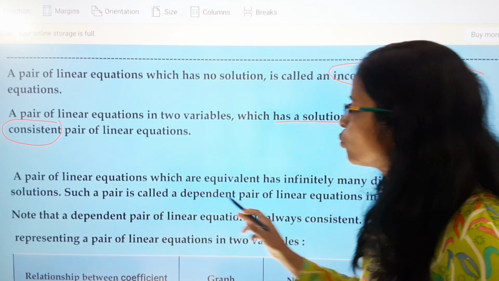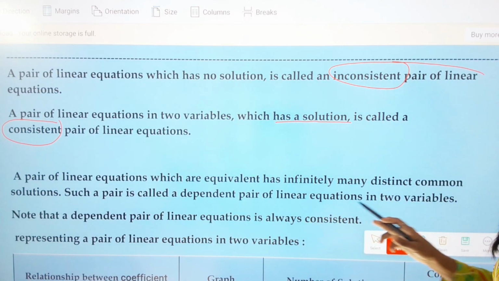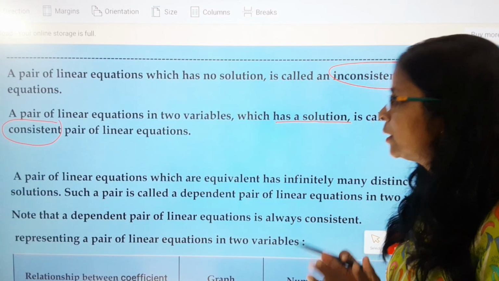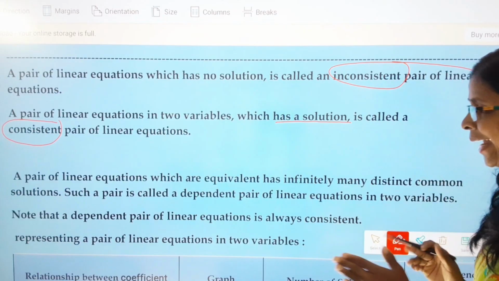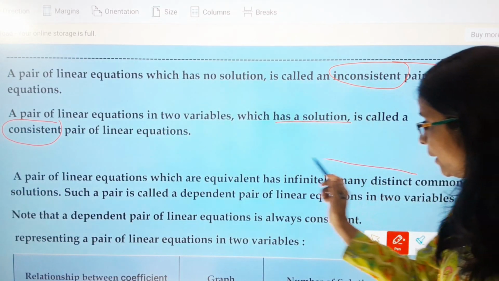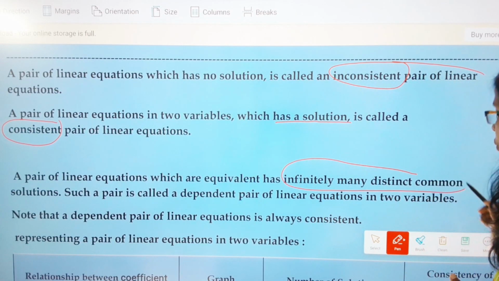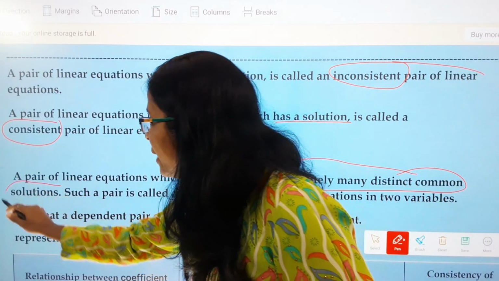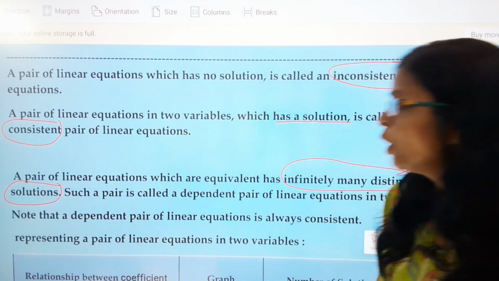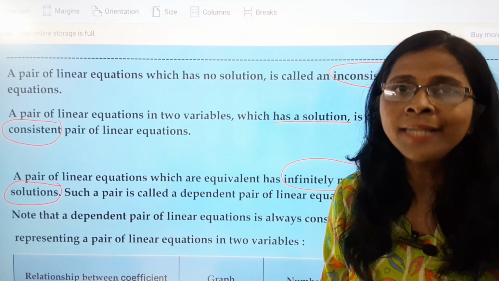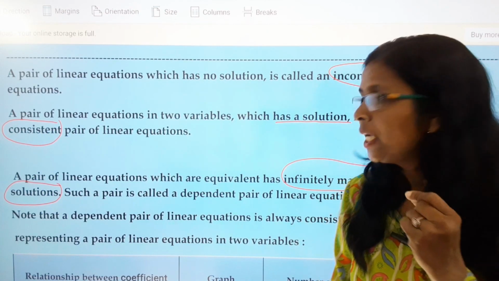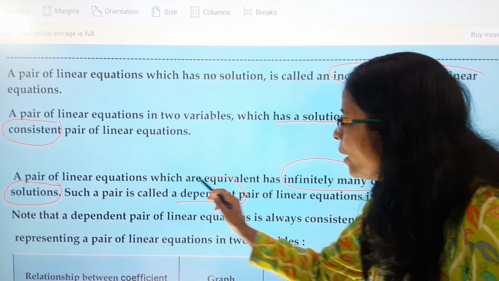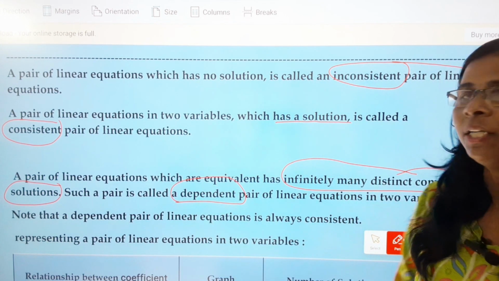Such a pair is called a dependent pair of linear equations in two variables. If you get infinitely many distinct common solutions, we can say that such an equation is a dependent pair of linear equations.